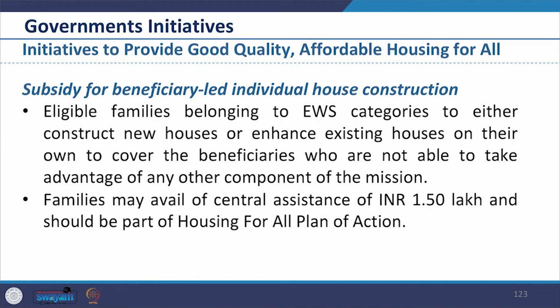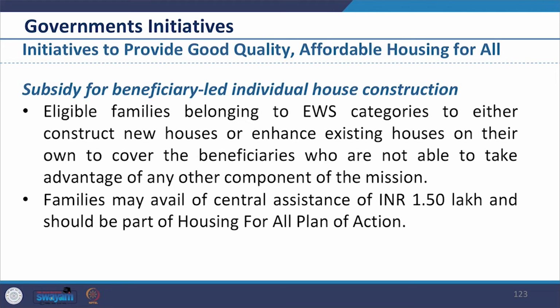Now we see the subsidy for beneficiary-led individual house construction within the program. This is assistance to individual eligible families belonging to EWS categories to either construct new houses or enhance existing houses on their own, to cover the beneficiaries who are not able to take advantage of any other component of the mission.